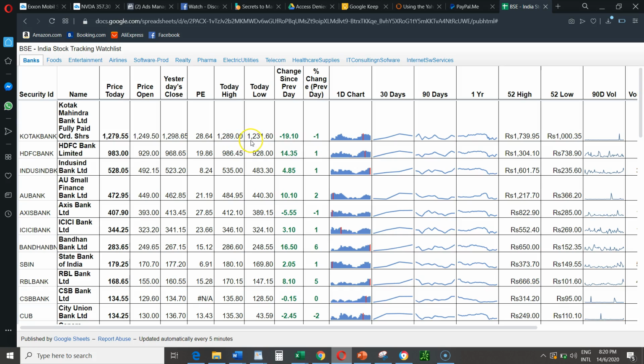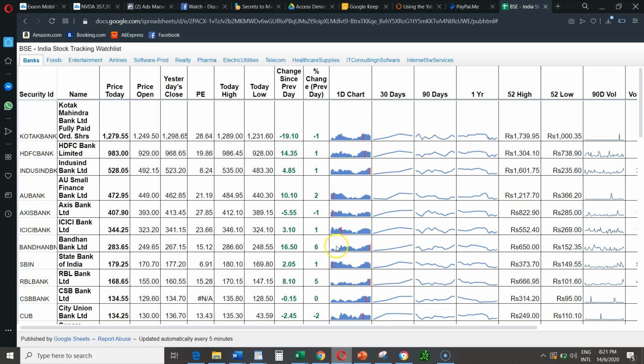And then today's high and low. So you can see the movement of the stock, the change since the previous day, and the change in percentage. So it's like 1%, 2%, 6%. This directly tells you, oh, this has changed 6% since yesterday, and this is plus 6, so it has gone up. So you can directly take a look at this, right?